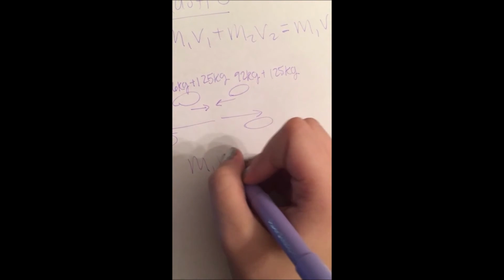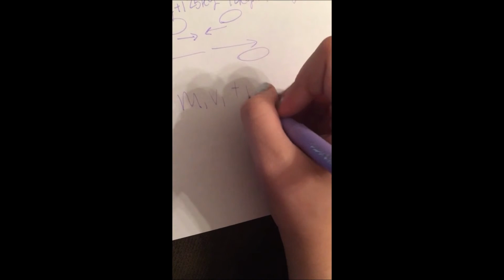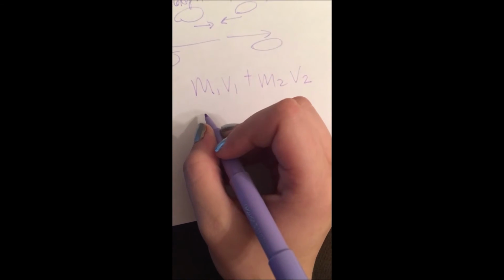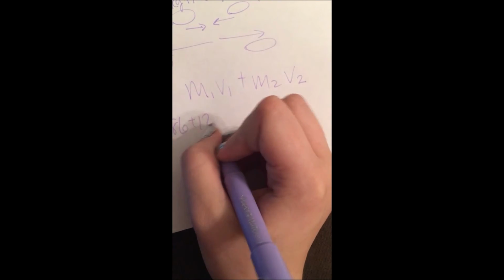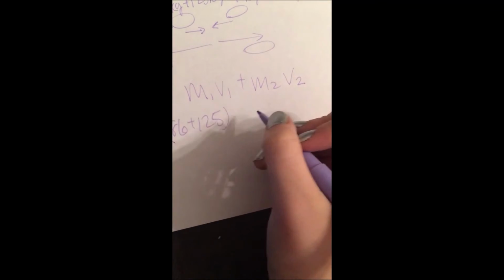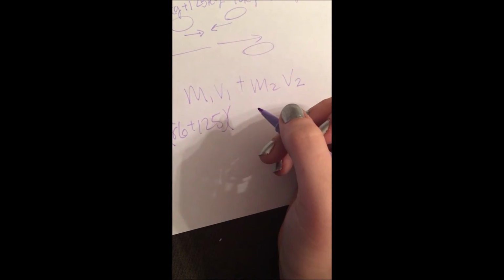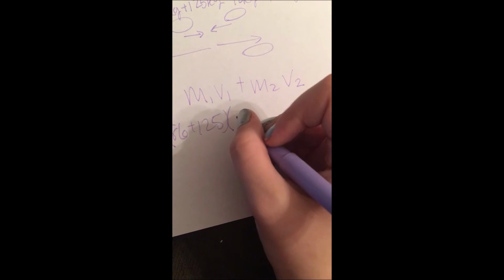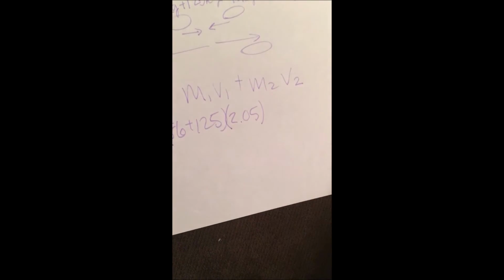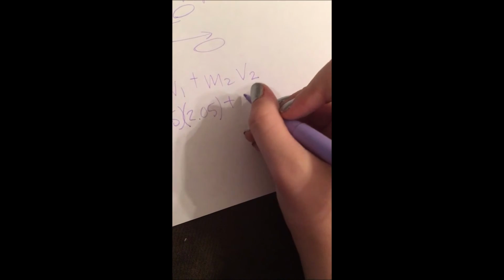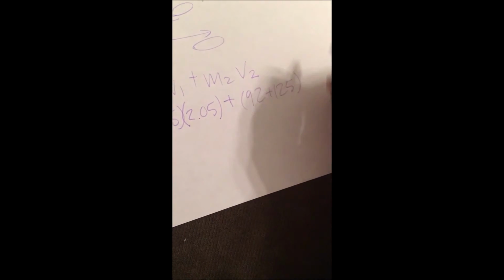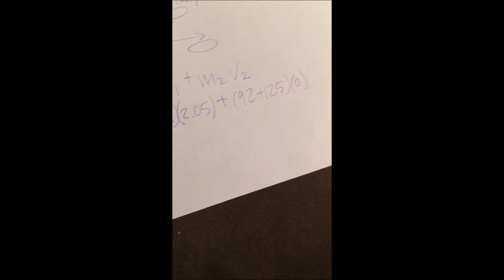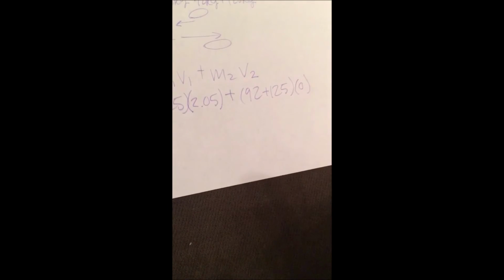So m1 v1 plus m2 v2. Before the collision, we have 86 plus 125 as mass 1 at a speed of 2.5 meters per second. Then this next person, who is 92 kilograms, is at rest. He's not at any speed, so his speed is 0.